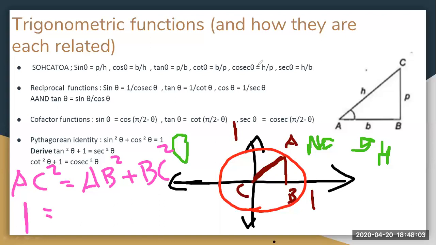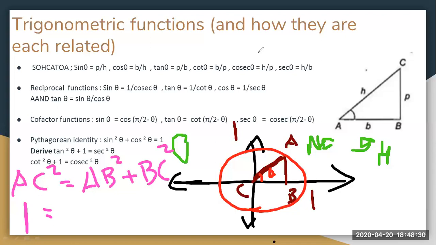Now what is AB? This is our theta. Using all that we learned with respect to a triangle in the previous lesson, I'm just going to do it myself, and I hope you follow.